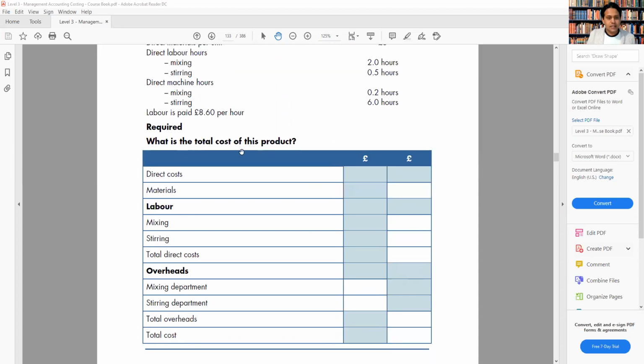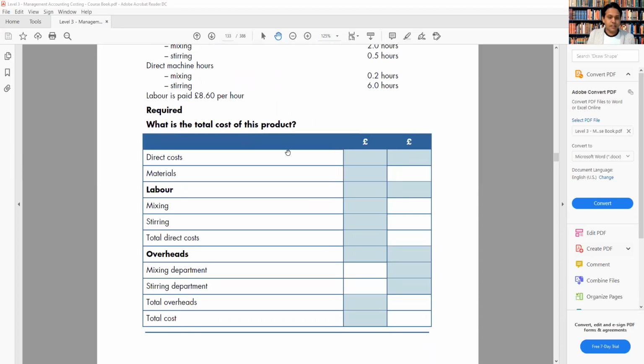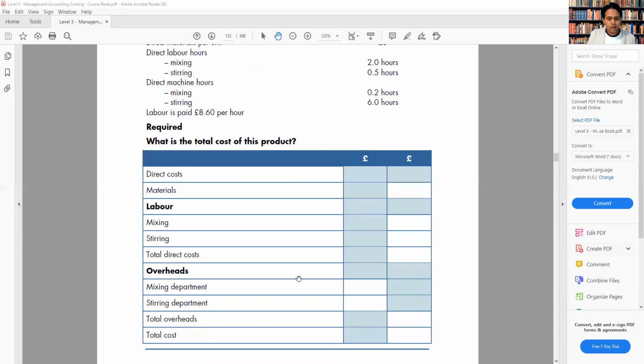All right, so what is the total cost of this product? Let's calculate it. It's not difficult. The question already tells us the direct material, that is £5. Labor, so you have to calculate the labor. We need to see how many hours we need.